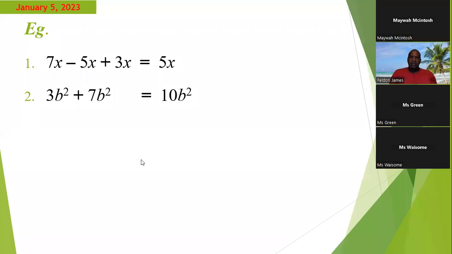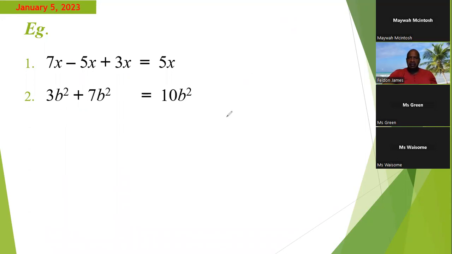Now, this is another case where we have like terms in this expression. For this expression, once the terms are like terms, we just add the like terms together by adding their coefficients. Miss McIntosh, you want to say something?